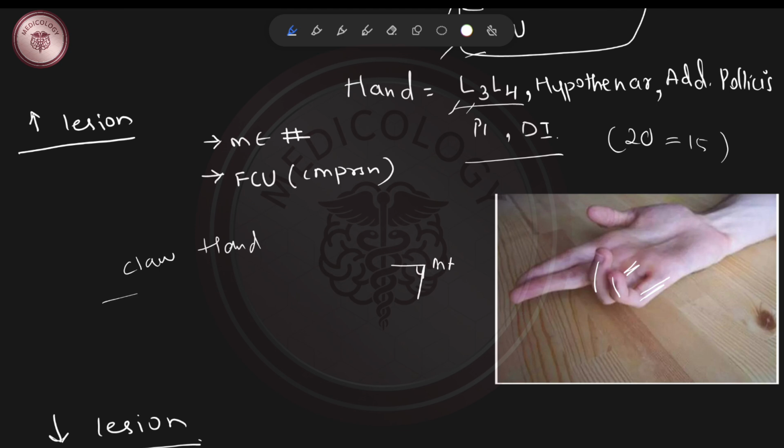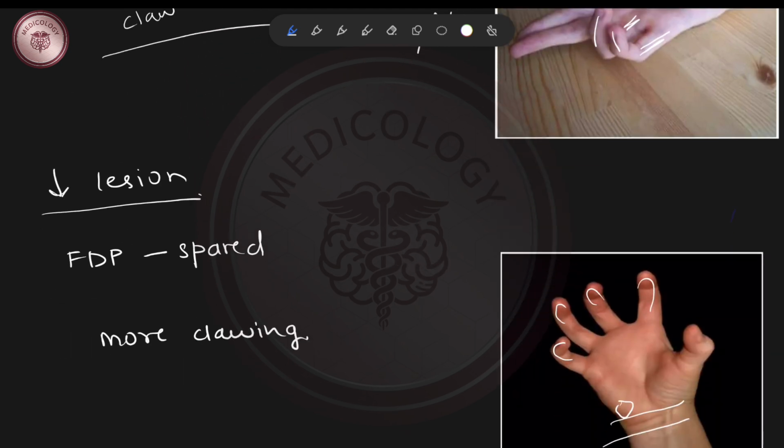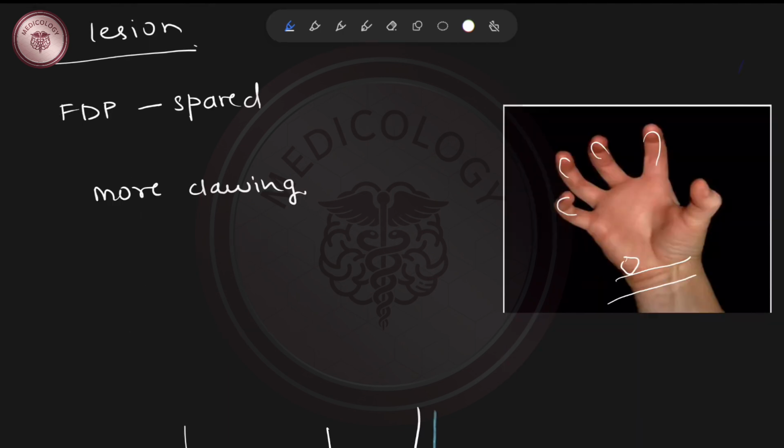Here there is also clawing, but there will be less clawing in the upper lesion. There is a term, ulnar paradox.